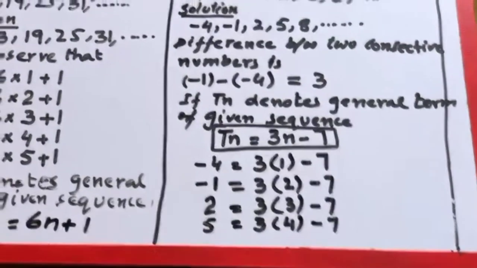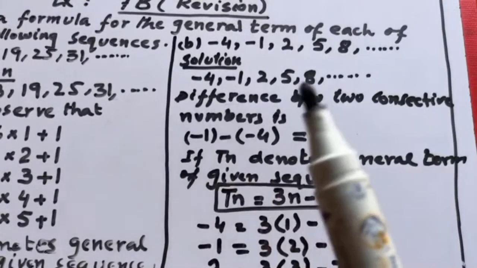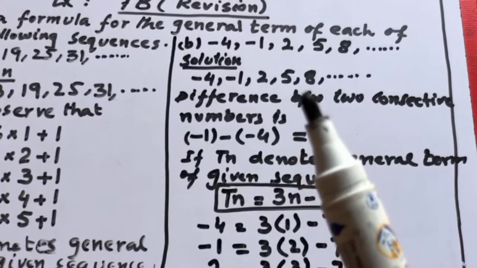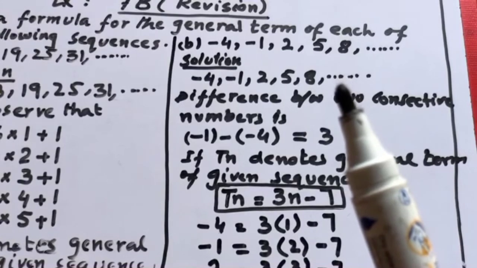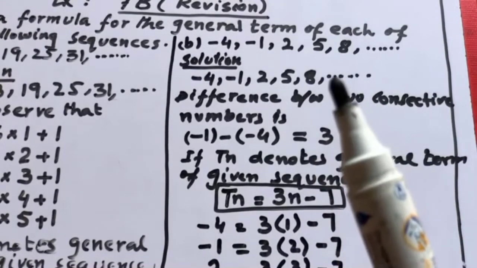So follow the rules and observe the number sequences. If you have any problem generating the formula, please comment and ask me any type of question if you have any problem solving these problems.